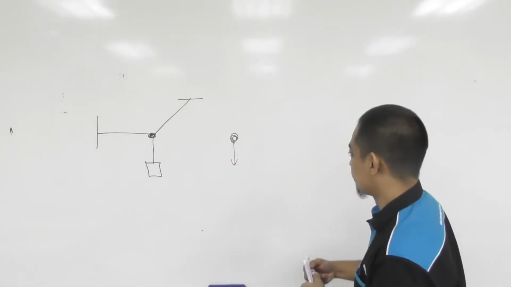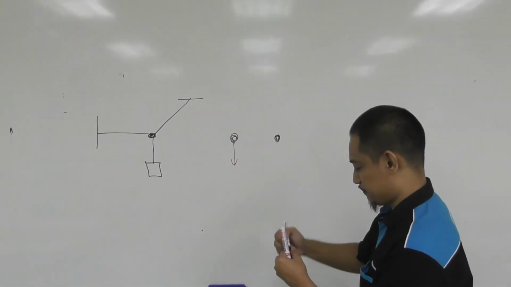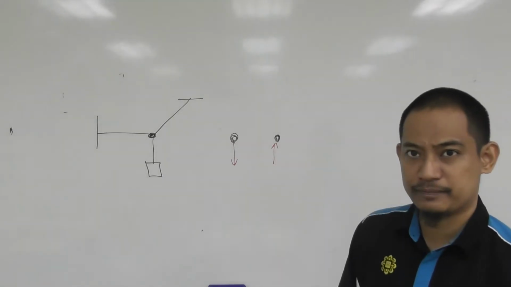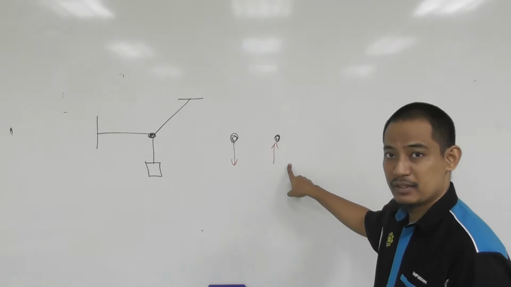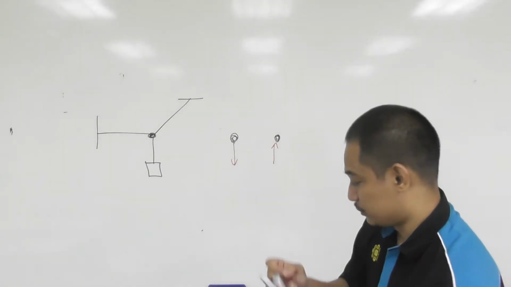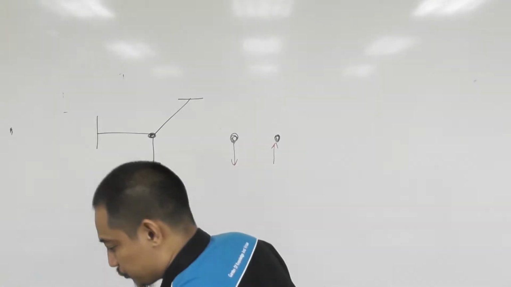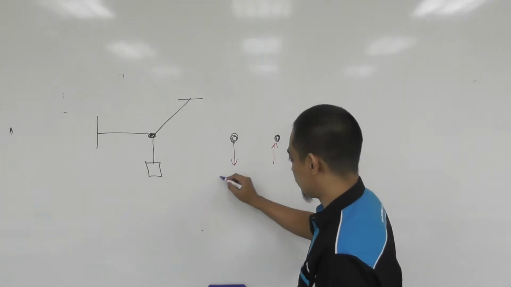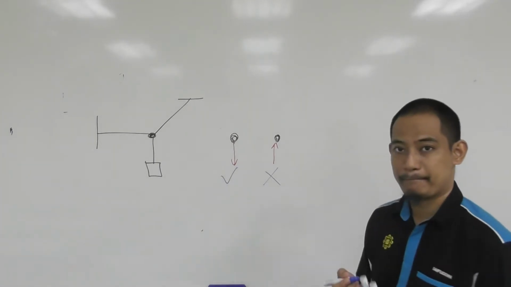If you draw the arrow upwards, what does it mean? It means something pushes it upwards. In this case, the weight will obviously pull it down, so this will be correct, and this will be wrong.